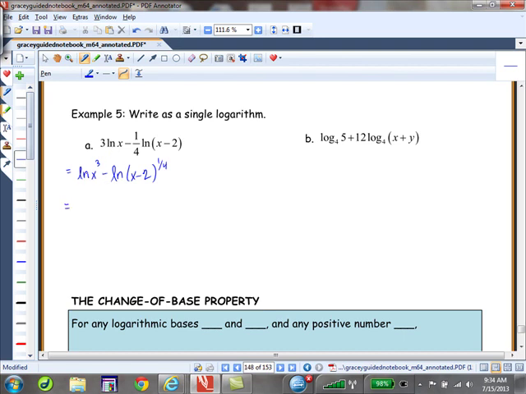So we can now look at condensing it into one. We'll have natural log of x cubed over x minus 2 to the 1/4, or you could write this as natural log of x cubed over the 4th root of x minus 2. Either one of these is fine.